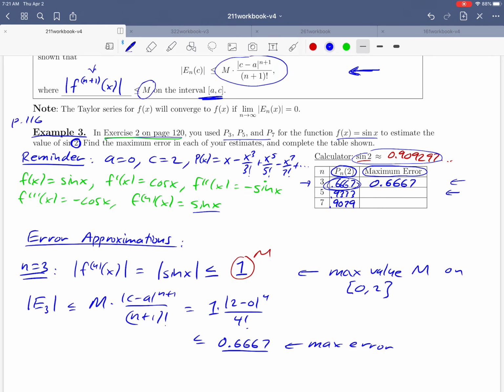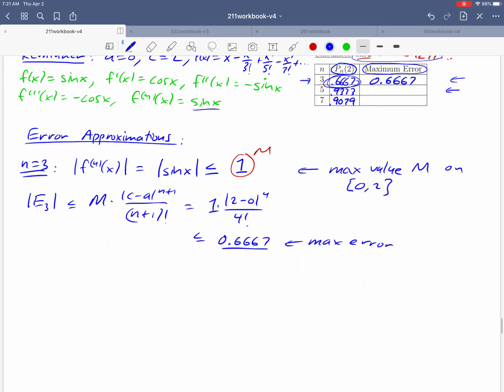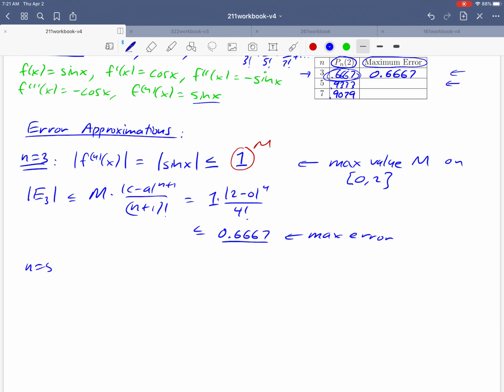And now we're just going to see if we can repeat that process for n equals 5. All right, so the steps that we go through here are going to look similar. So this time the n plus first derivative would be the sixth derivative, always 1 power higher than our value of n.